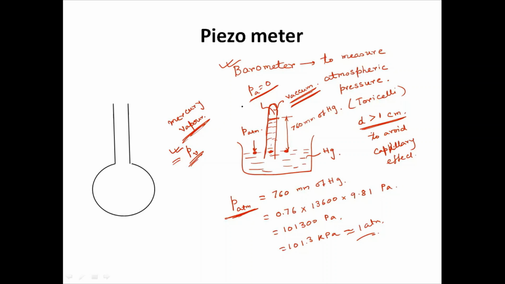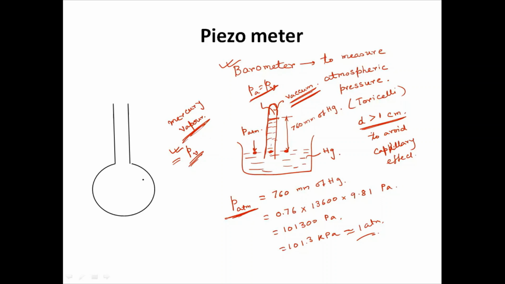So some vacuum is there, but it is not fully zero absolute pressure. Some value is there, that is the PV, the vapor pressure of mercury. This comes as an error here.